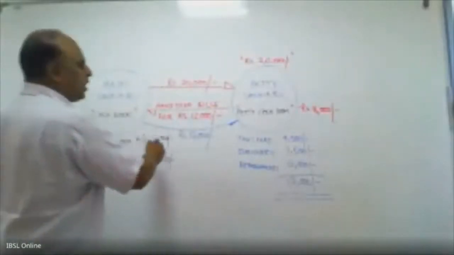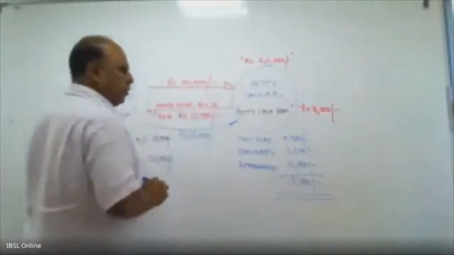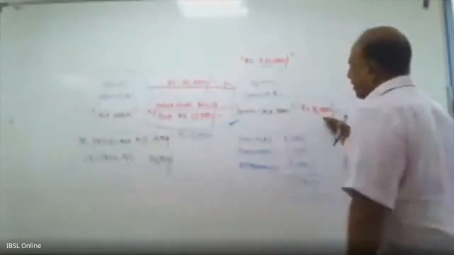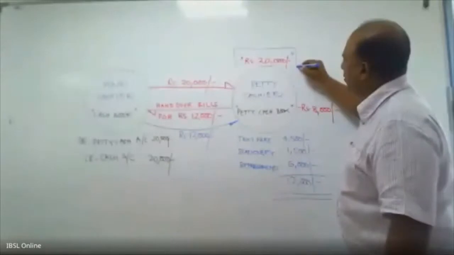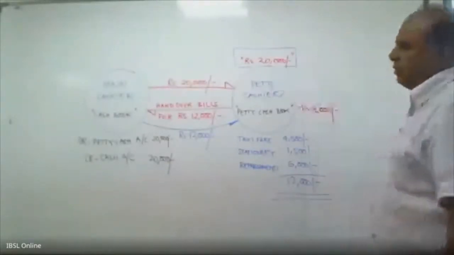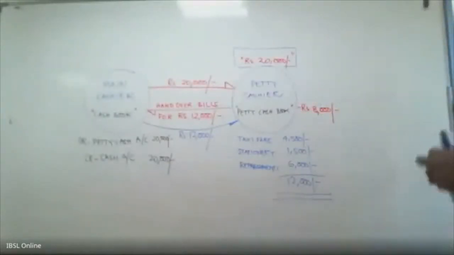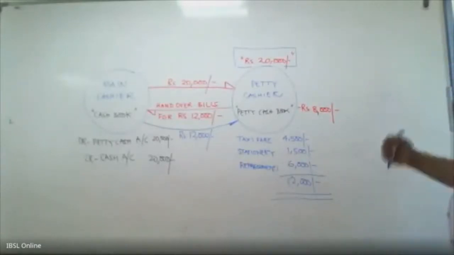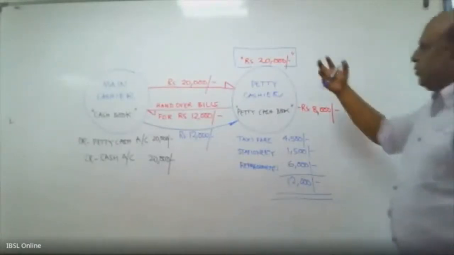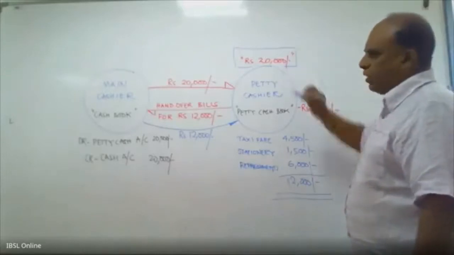Now when you receive this 12,000, what will happen? You already have 8,000. So this is what companies will do when they have a petty cash account. You have a startup amount which is 20,000.